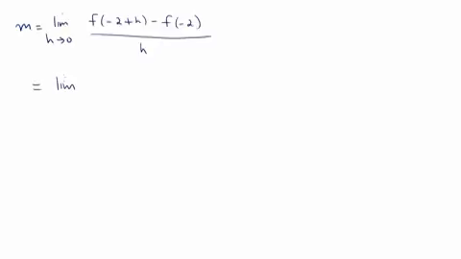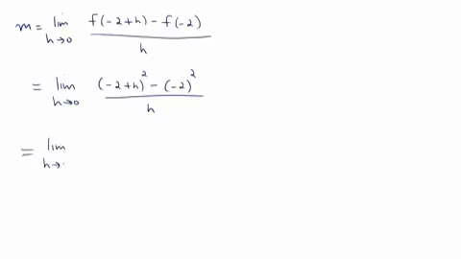Simplifying, we get the limit as h approaches 0 of negative 2 plus h squared minus negative 2 squared, all over h. Now we'll expand the numerator, so that would be the limit as h approaches 0 of 4 minus 4h plus h squared minus 4 all over h.